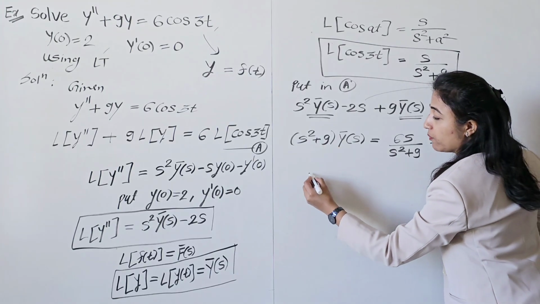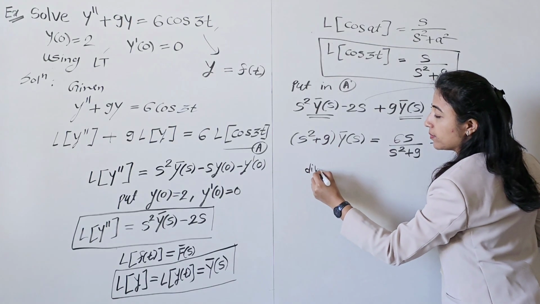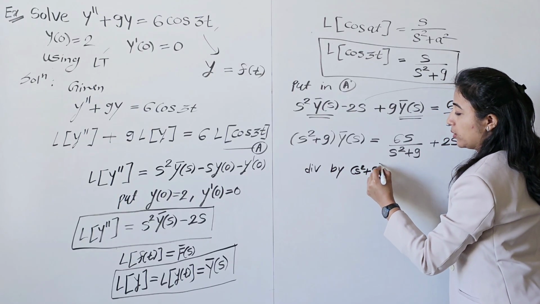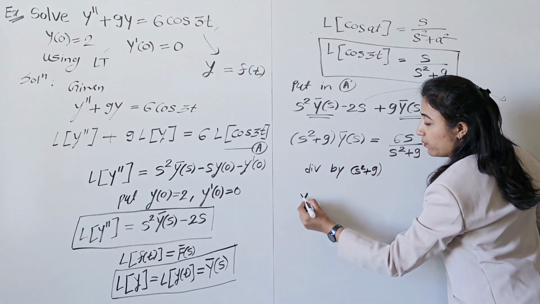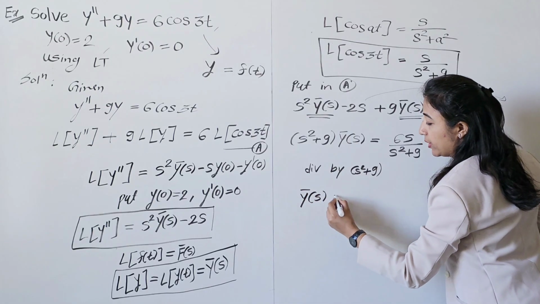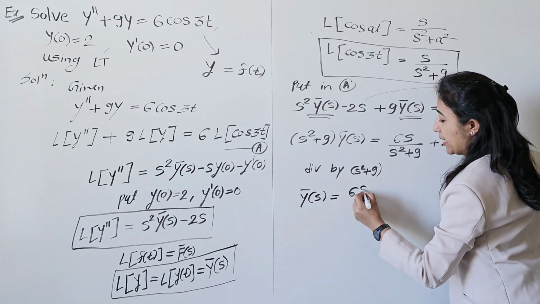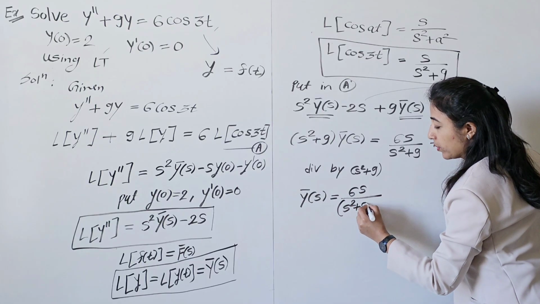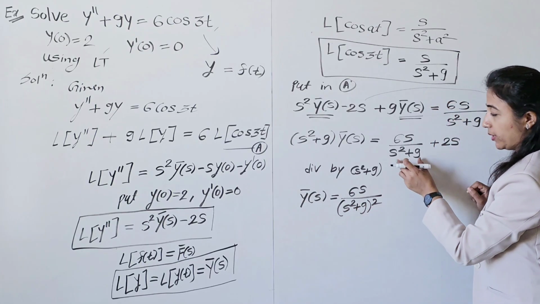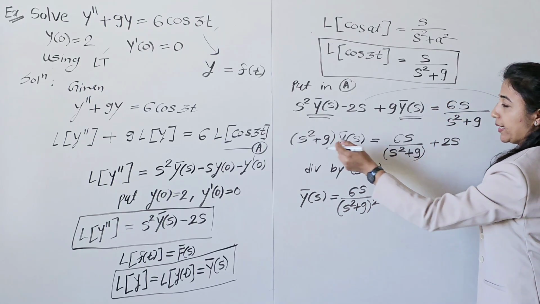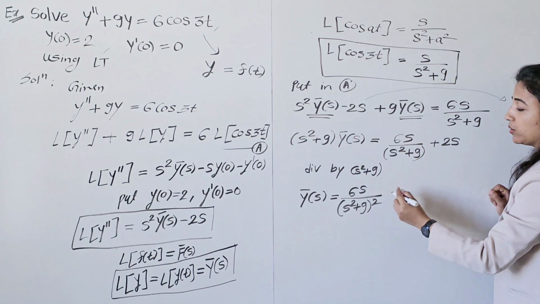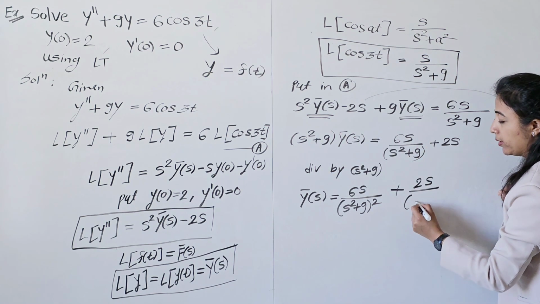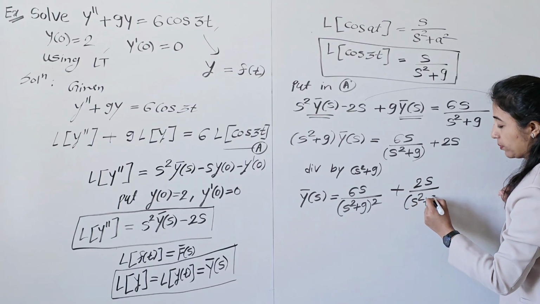So y bar of s on the left side equals 6s upon s square plus 9 whole square, because there is already a bracket and we are dividing again, plus 2s upon s square plus 9.